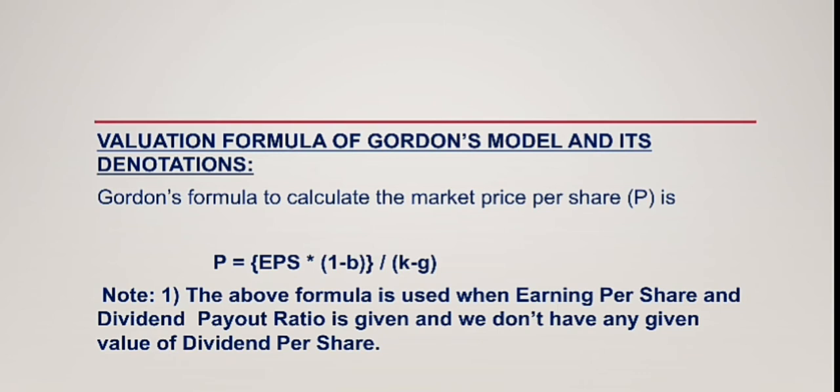So if in a question you have values related to earning per share and dividend payout ratio, and you don't have any value related to dividend per share, then you have to use this formula to calculate the market price per share for a particular firm according to the mathematical model given by Gordon. It must be clear in your mind.